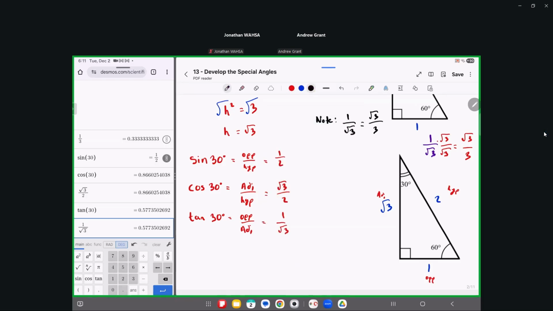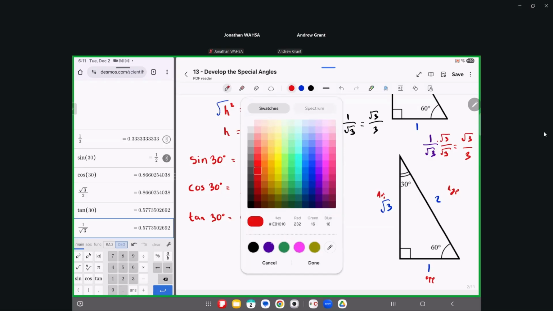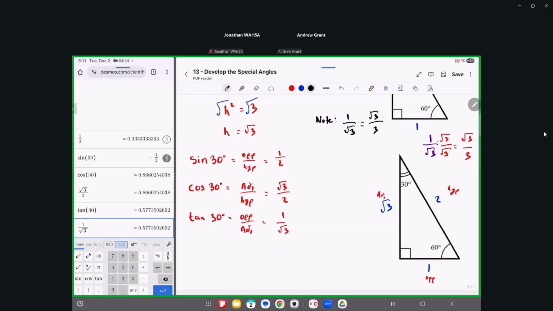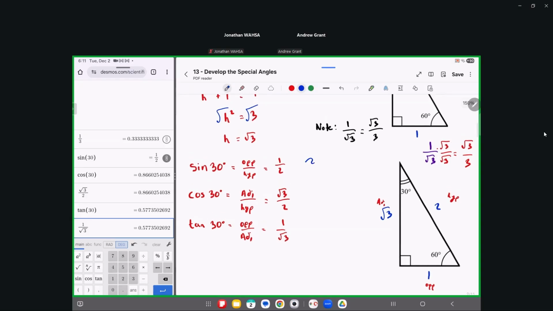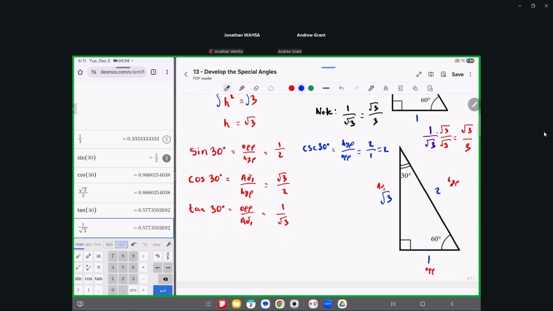And following from this, if we were so interested, we can also get things like, let's write this in blue, the cosecant of 30 degrees. So that's going to be equal to the hypotenuse over the opposite, which is going to be 2 over 1, which is just 2. And so if you have, say, sine of 30, you can get cosecant of 30.